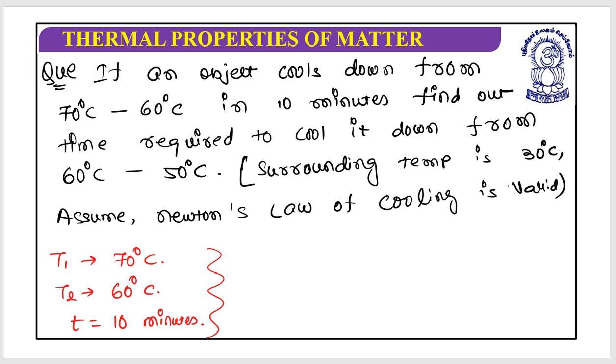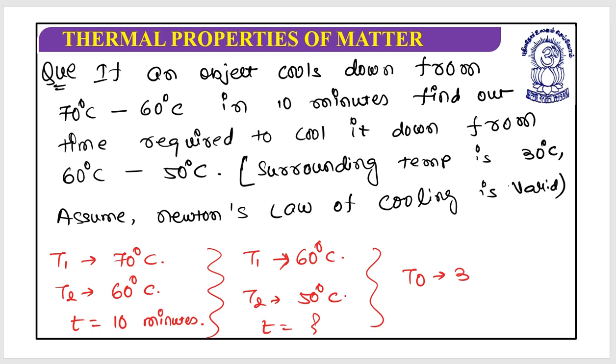I hope this is clear. Now the next situation: their initial temperature was 60 degrees Celsius, their final temperature was 50 degrees Celsius. You want the time required to do this, while the surrounding temperature in both cases is 30 degrees Celsius.